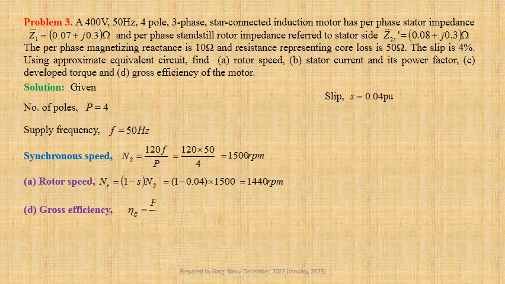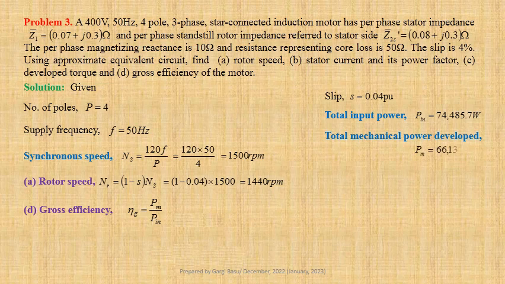Eta G equals Pm divided by P in. We have obtained total input power P in equals 74,485.7 watt and total mechanical power developed Pm equals 66,137.2 watt.